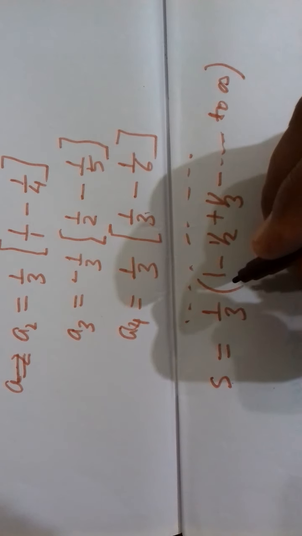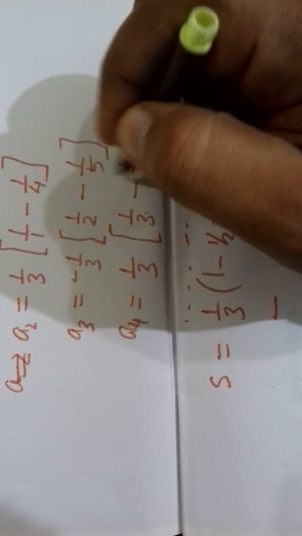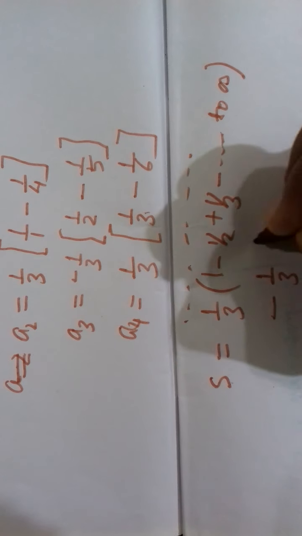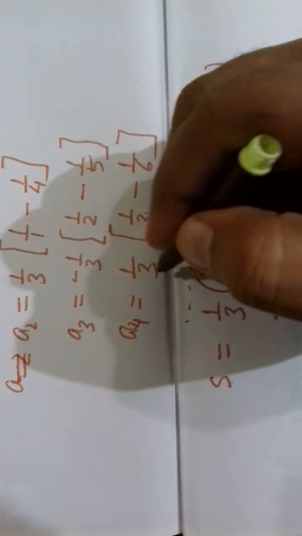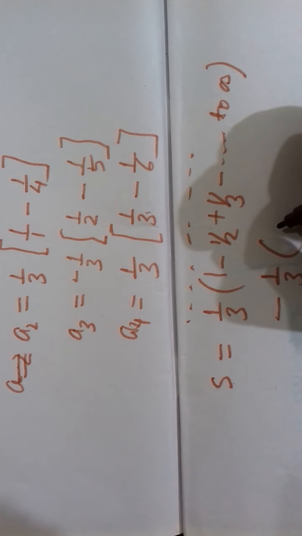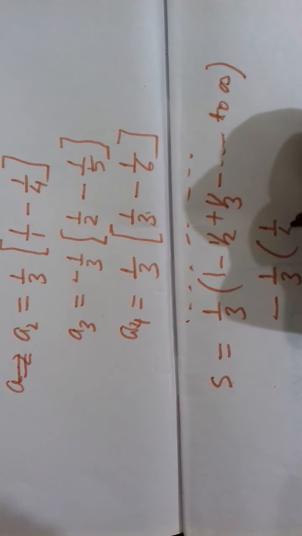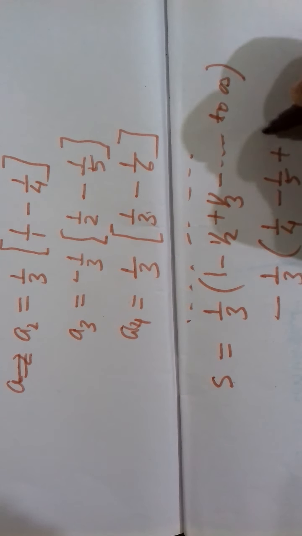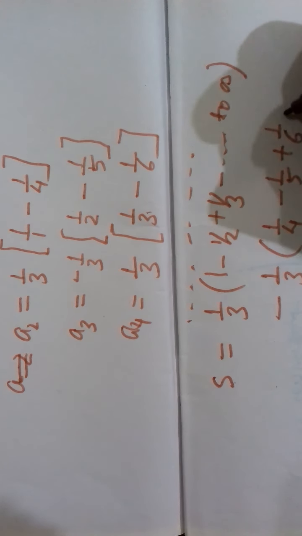And we give a minus sign here for the second terms in each bracket, and 1 by 3 is from this part, and here will be 1 by 4 minus 1 by 5 plus 1 by 6 minus dot dot dot to infinity.